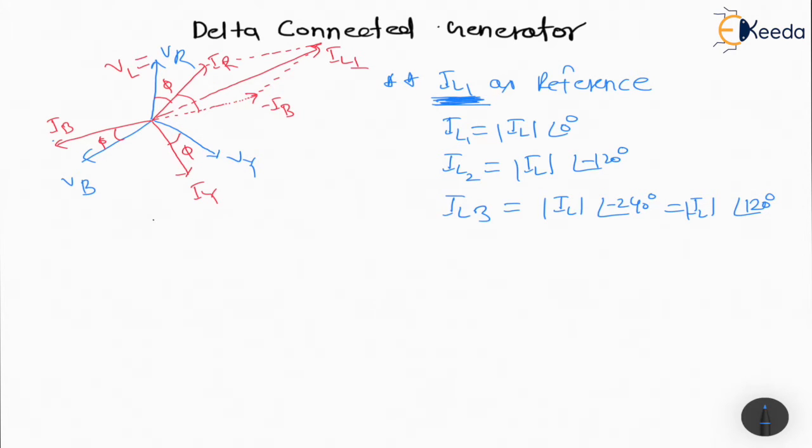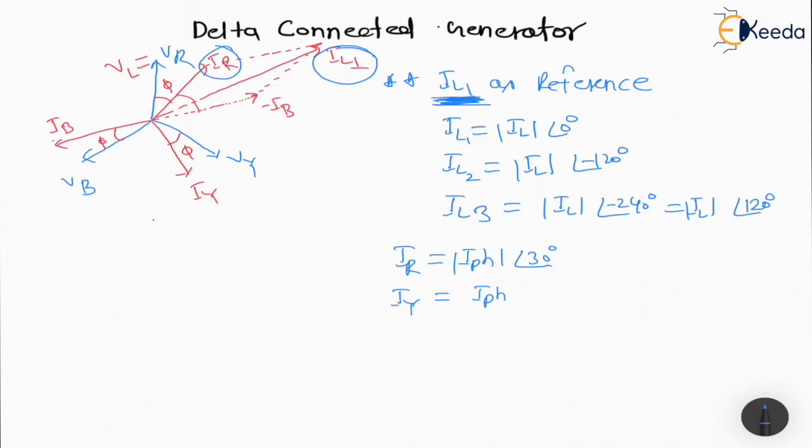And when we are taking IL1 as reference, phase current IR can be written as I phase at the angle of 30 degree. You can see in the diagram, if IL1 is line current and IR is phase current, then the angle difference between them is 30 degrees. So IR will be equal to IPH at the angle of 30 degree.